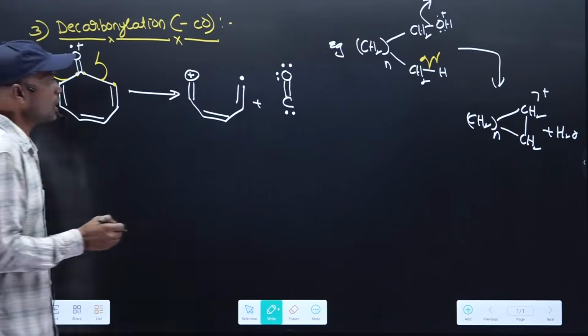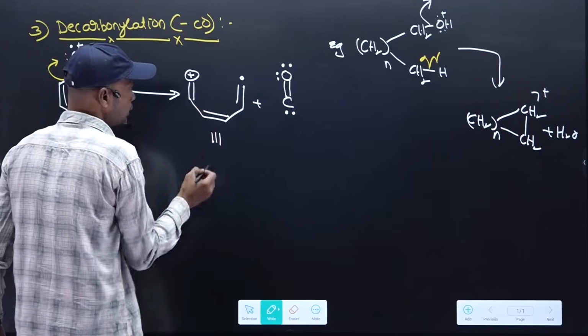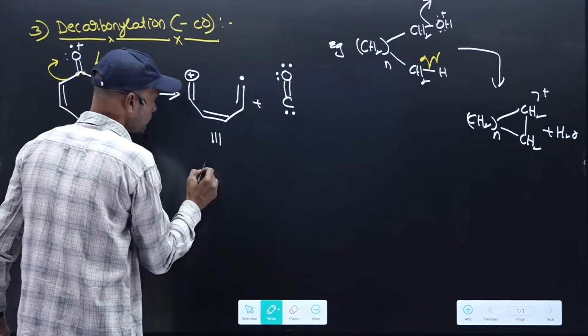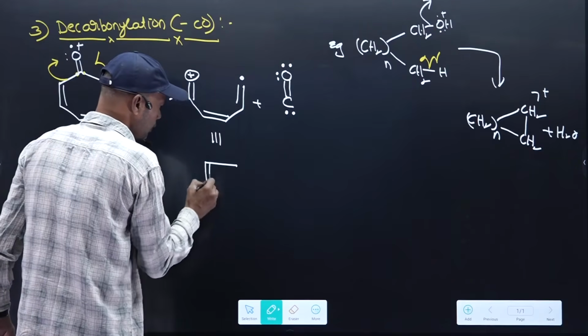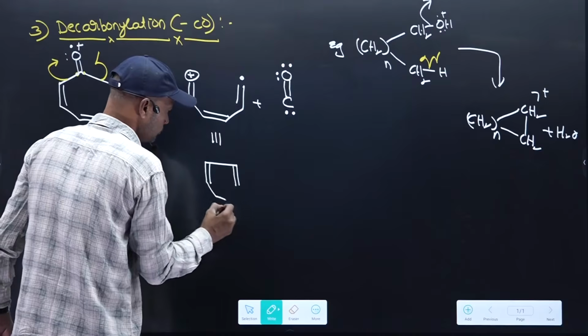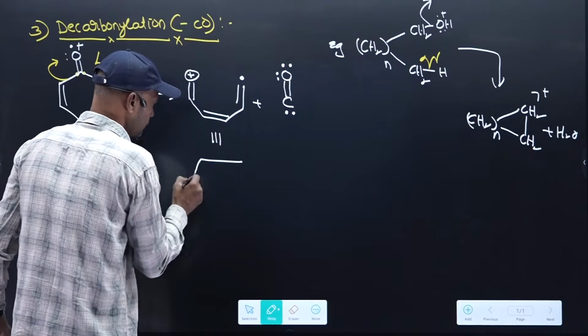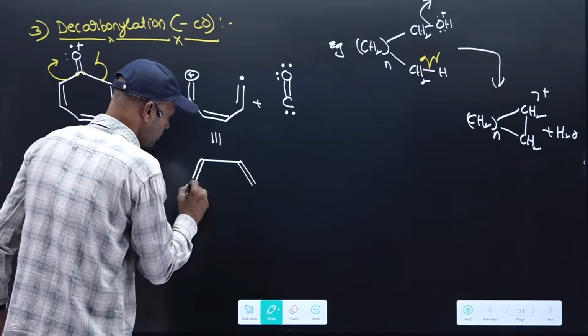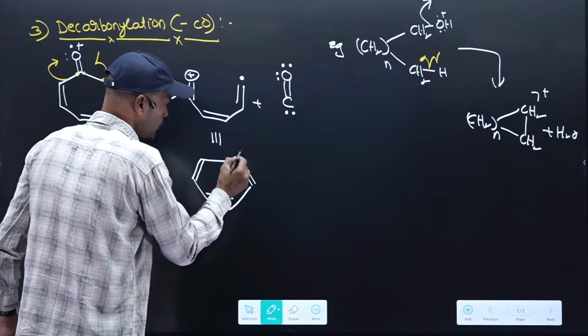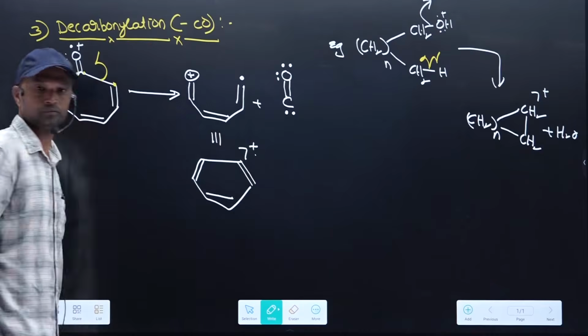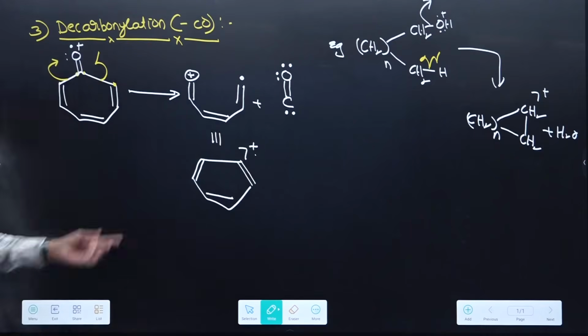Clear? After that, I am writing this in the form of a ring. Can I put a bond over here? I put a double bond here, and here a double bond, and I am writing one more double bond. This is a double bond, and here one more double bond. Can I write radical cation? What is the m/z value of this one?